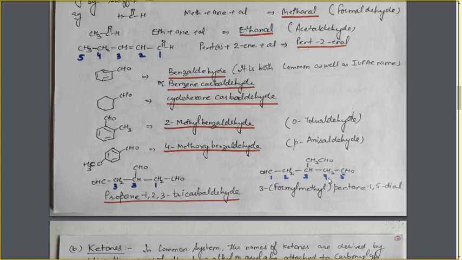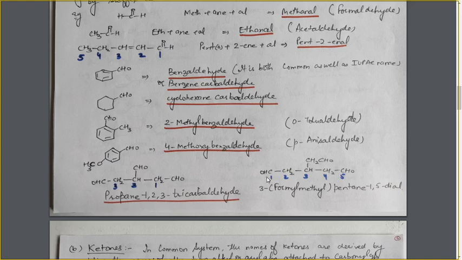Now let us see this example. In this case there are 3 aldehyde groups, but the condition is different from the previous case. What is that? This aldehyde group is not directly attached to the straight carbon chain. In such cases, the rule says you will take the longest carbon chain, and the group which is left out of the carbon chain will be treated as the substituent.